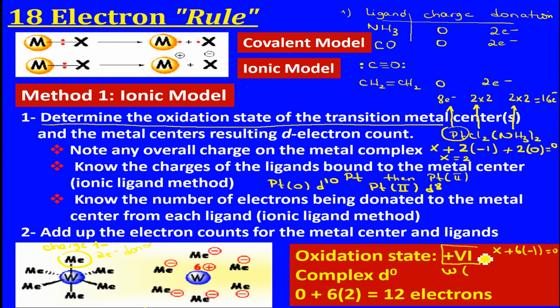So the oxidation state is W6+. W0 is d6, so W6+ is d0. So 0 electrons from W plus 6 ligands, each a donor of 2 electrons. So the complex is 12 electrons.